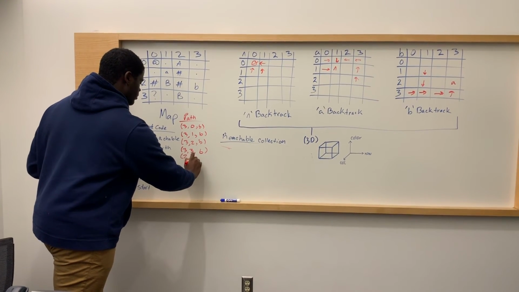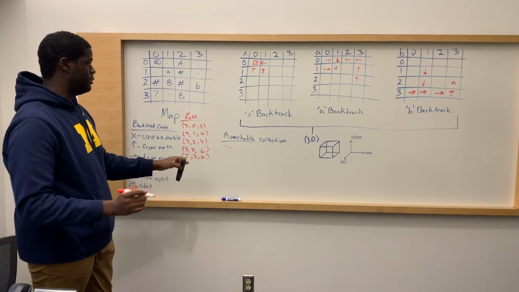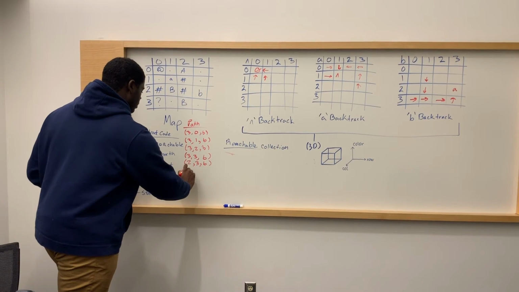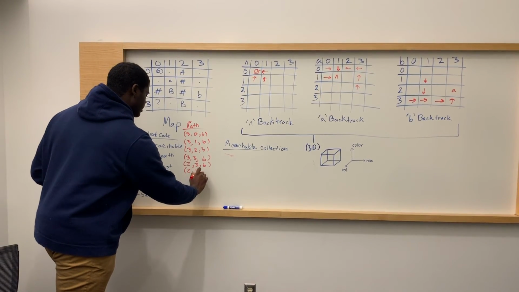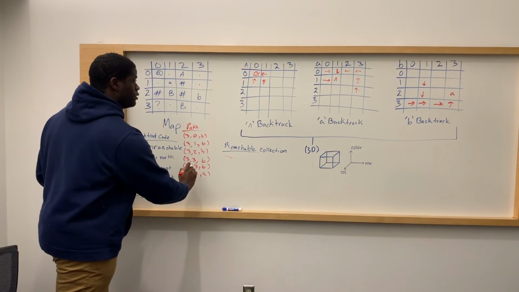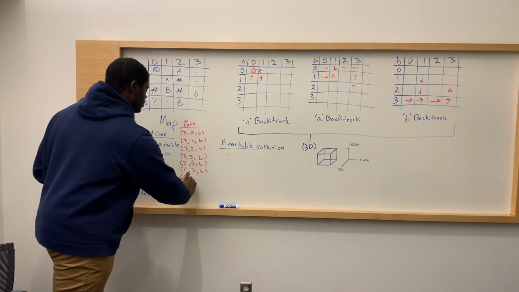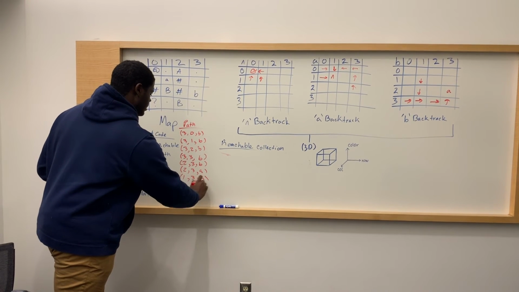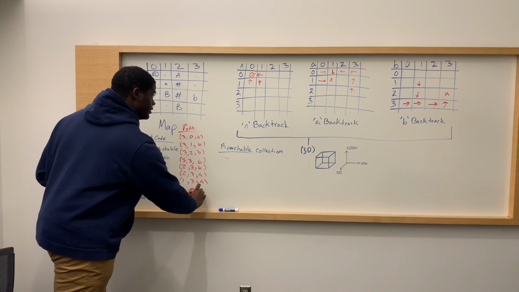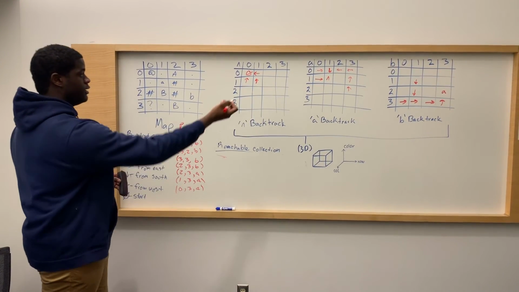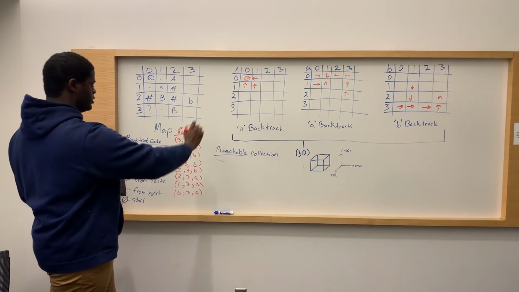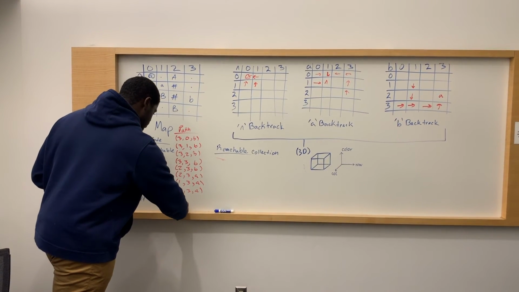2, 3, B, right? So that's the B button in the B color. And then we're going to look at 2, 3A. That's the B button in the A color. And then we're going to go 1, 3, A, 0, 3, A. And then we're just going to keep going back to the start. 0, 3, and then we're going to 0, 2.